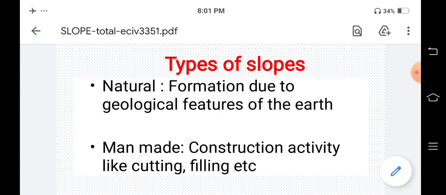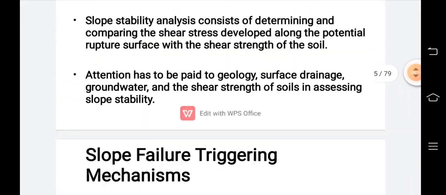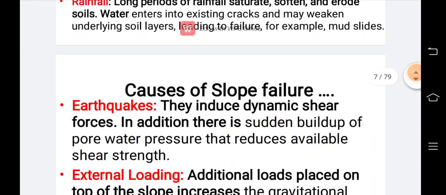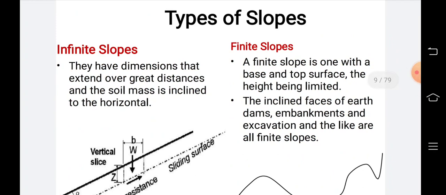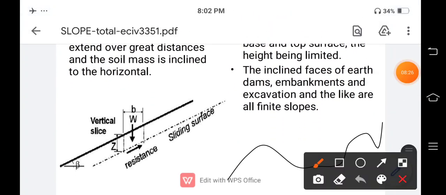So what is meant by an infinite slope? An infinite slope means a slope which has an unlimited boundary, not bounded at the top and the bottom. We can take the example of a hill.